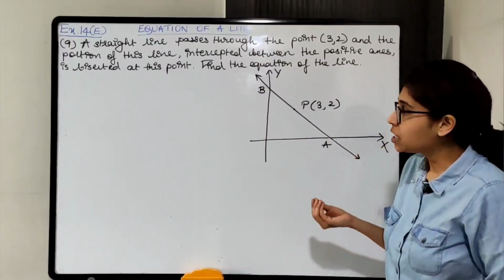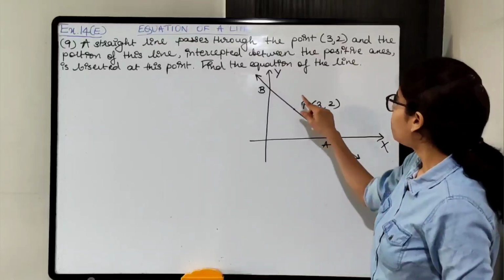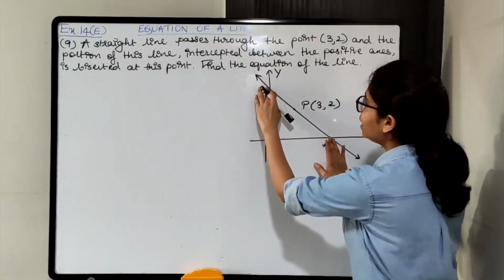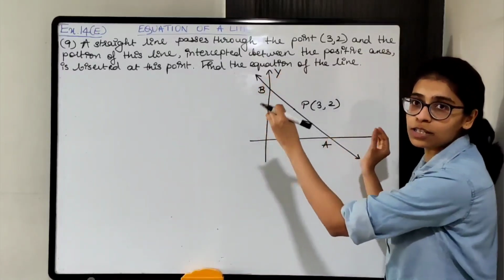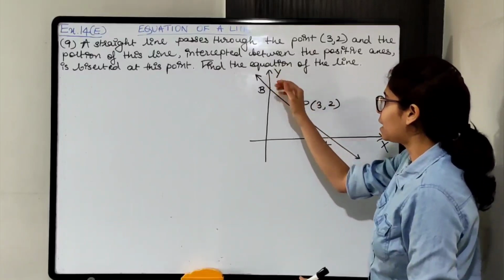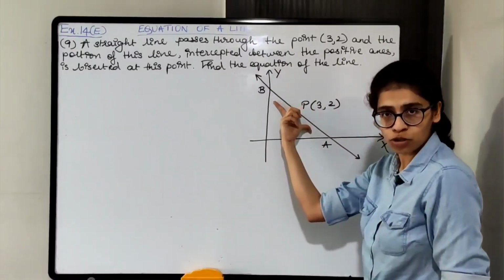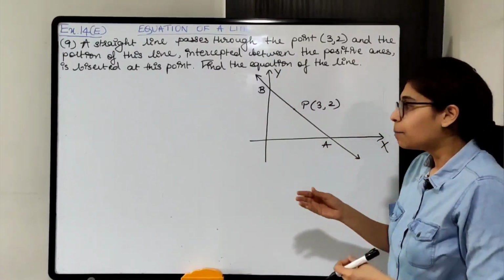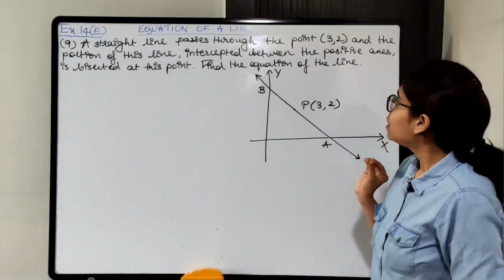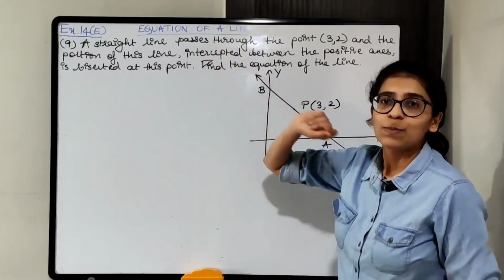So I'll repeat, a straight line passes through the point (3, 2) and the portion of this line intercepted between the positive x axis and positive y axis. So AB is the portion which is being cut by the positive x axis and positive y axis. It is bisected at this point.